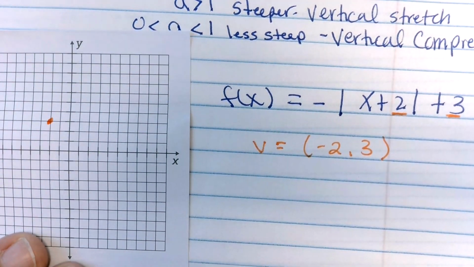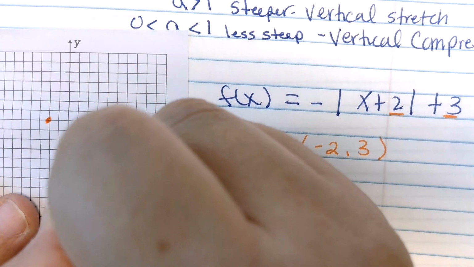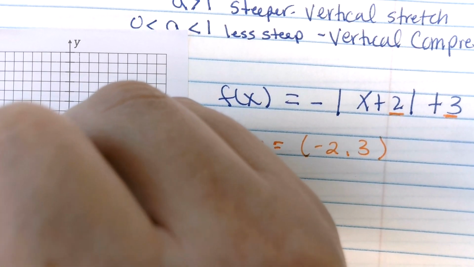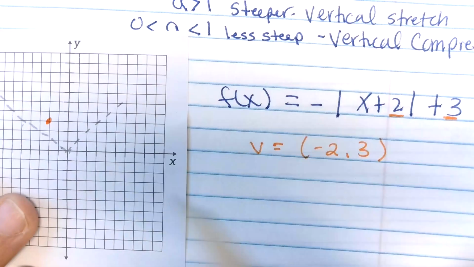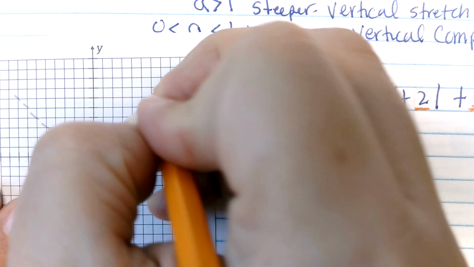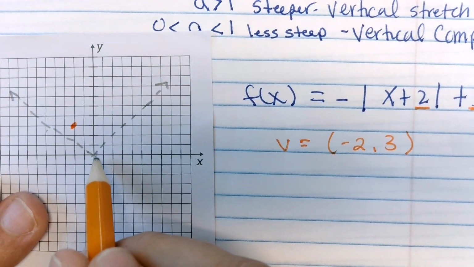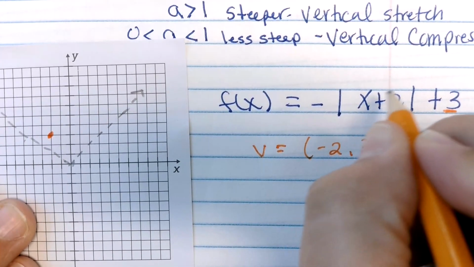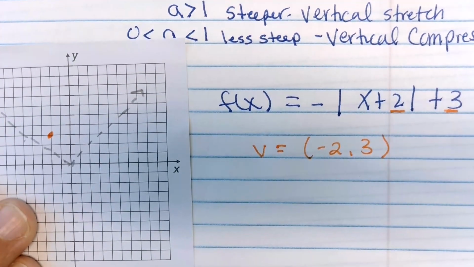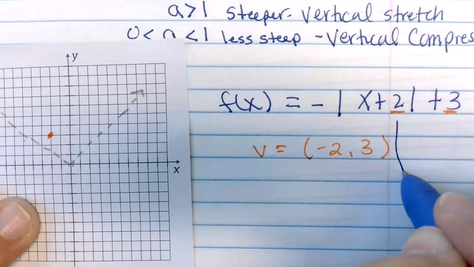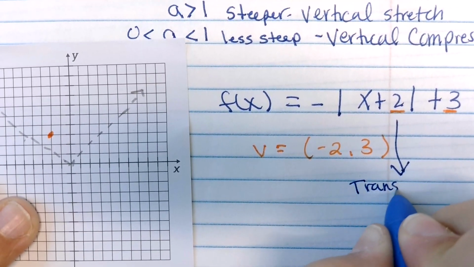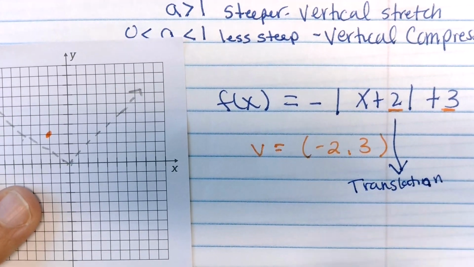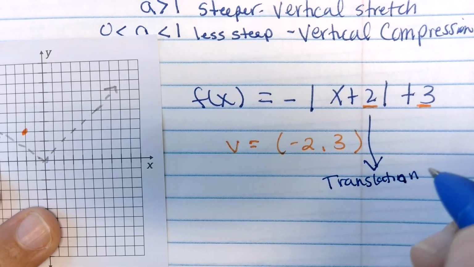So what happened was our graph was right here. There's the original. Mine's not as perfect as it should be, apologize. So we have a slope of 1, we started at 0, 0. We have a positive and a negative side. Okay, so this plus 2 is really a translation.